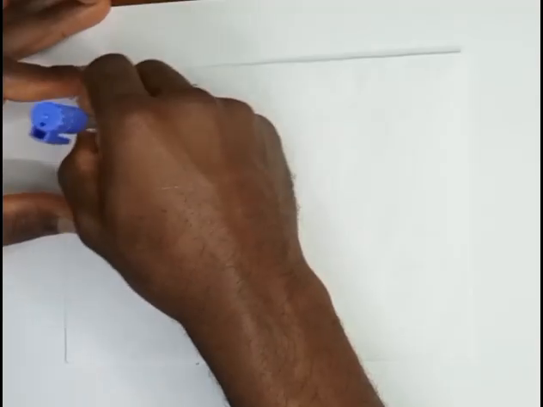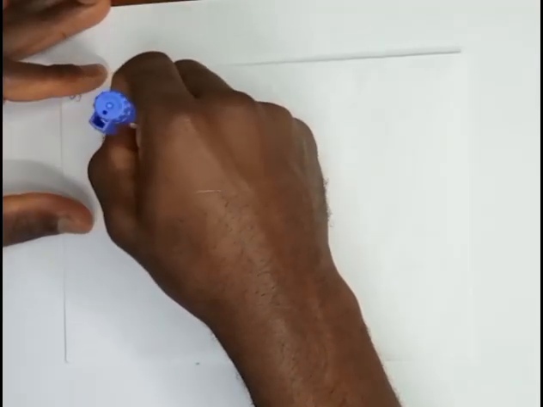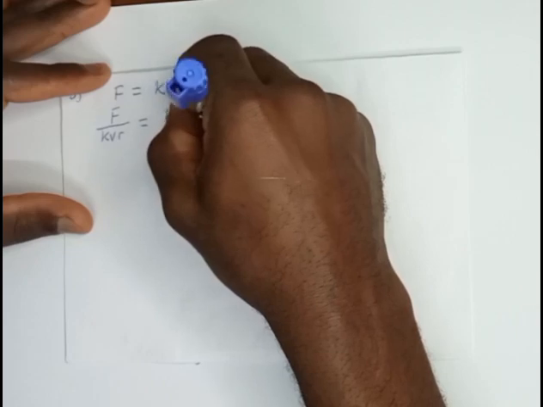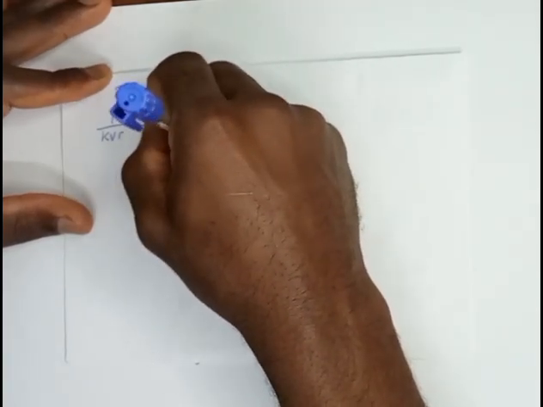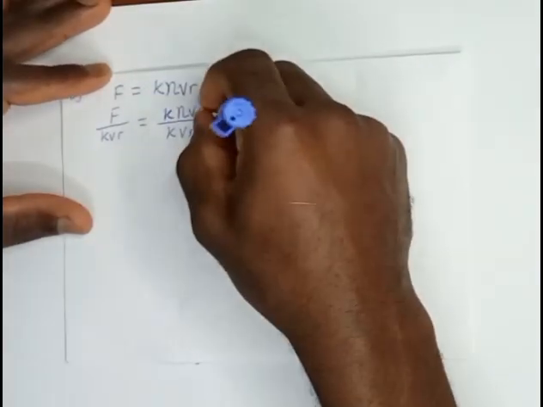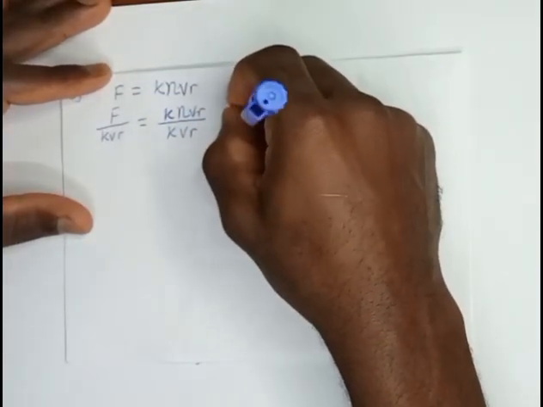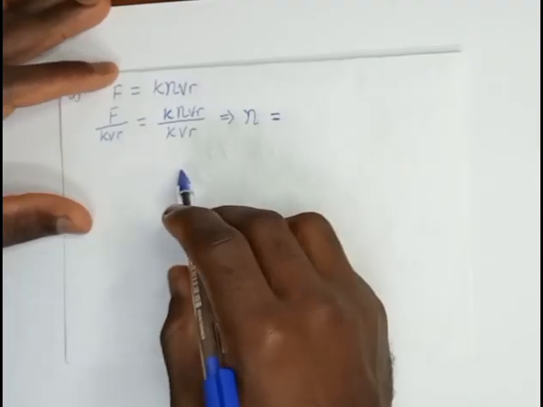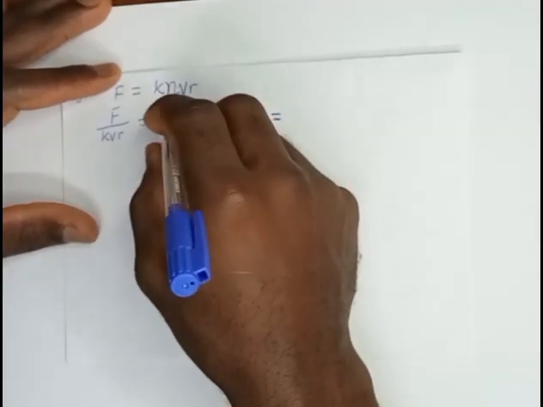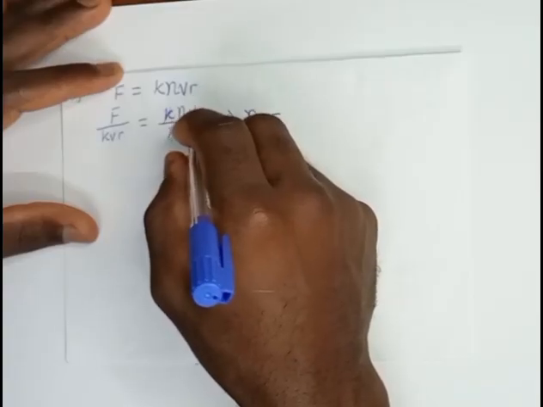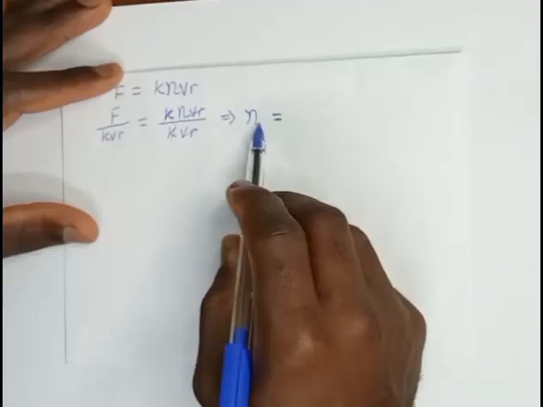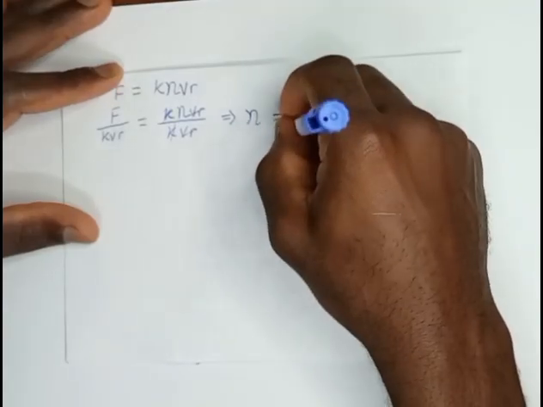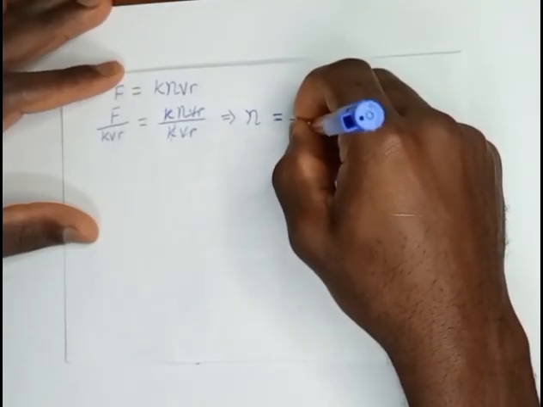This will give us F divided by KVR is equal to K eta VR divided by KVR. Then we are going to obtain eta, you'll see that at the right hand side, the K and K will strike off, VR will strike off VR, we will be left with eta equal to F all over K V R.